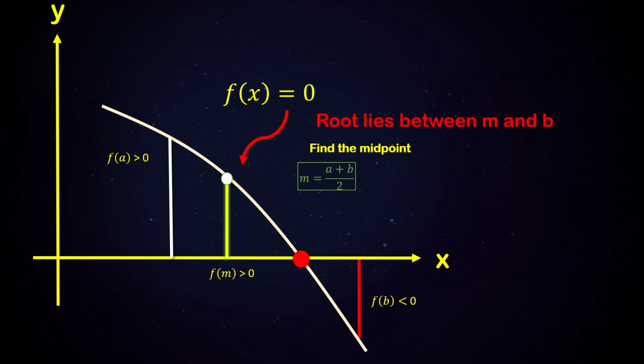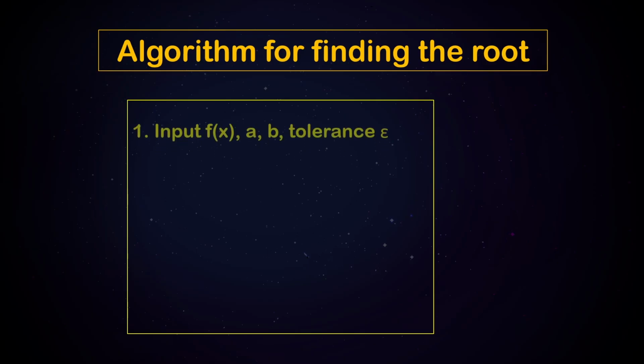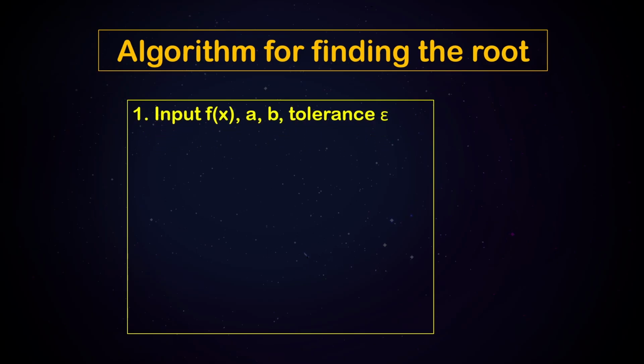Now we discuss the algorithm for finding the root. Suppose the function f(x) is given, and two values a and b, which is very crucial. They should be on two sides of the root.